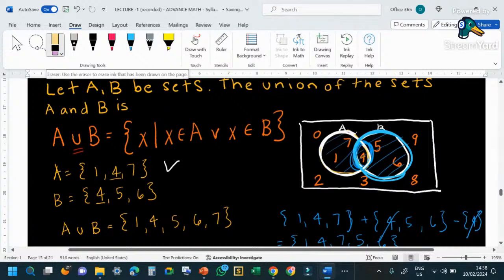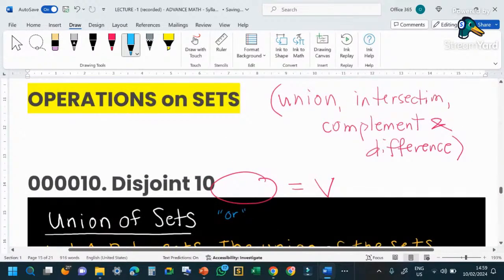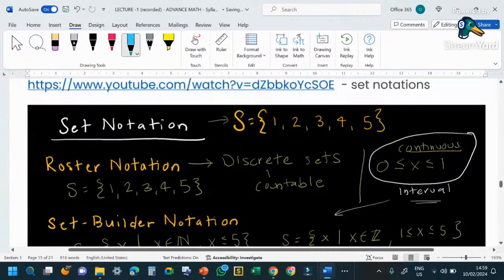Why? Because 4 is the common number for both A and B. And you can even see from the sets themselves when they are written that 4 is common. So it means that it must be written in the middle.